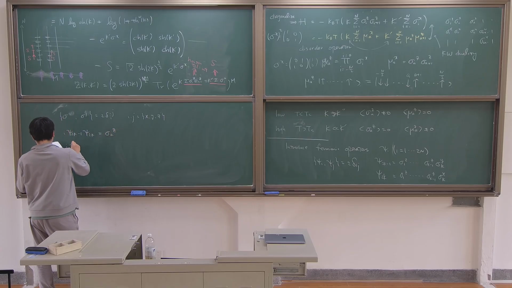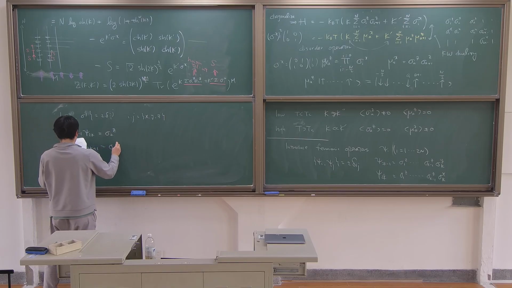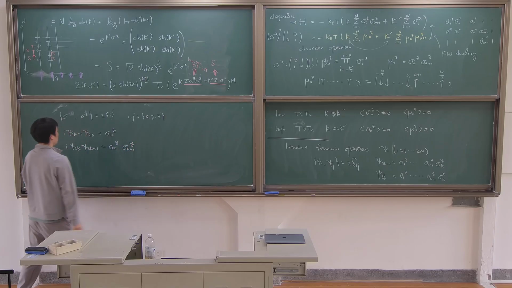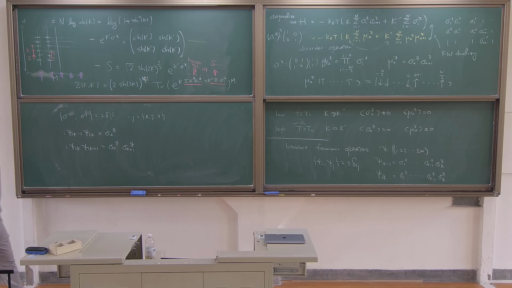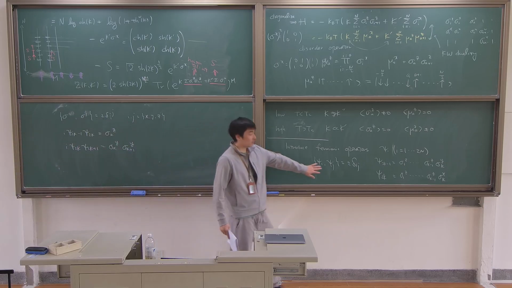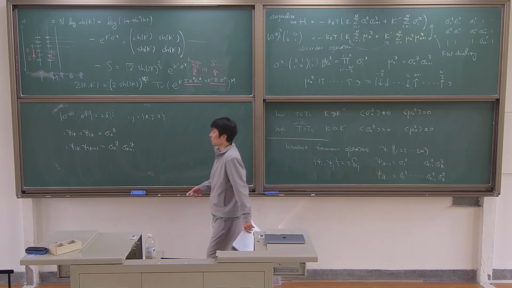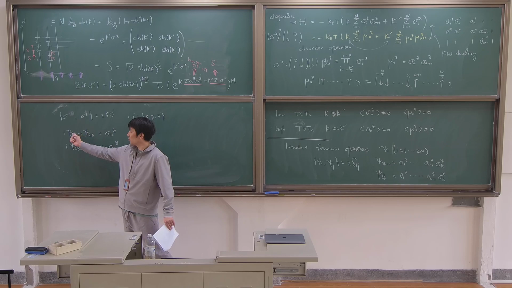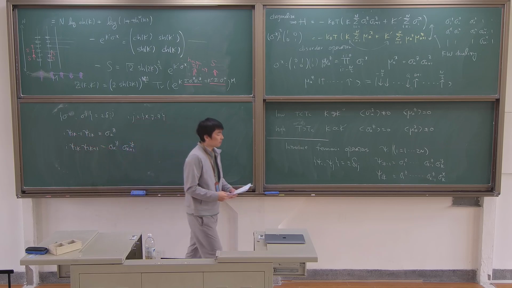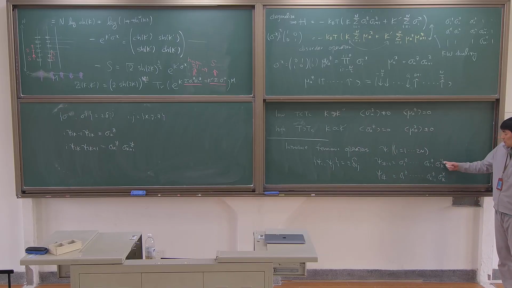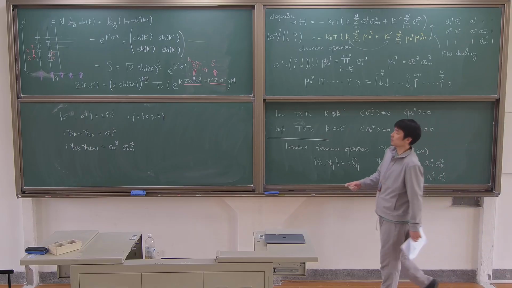That's very easy to see as coming from here. If you have the 2k and 2k minus 1 product, you just multiply these two to get sigma kz.